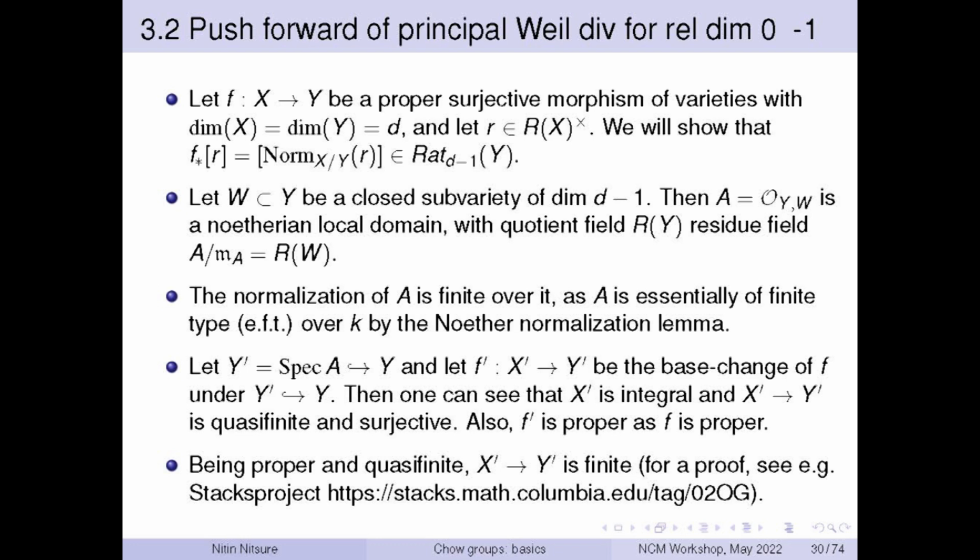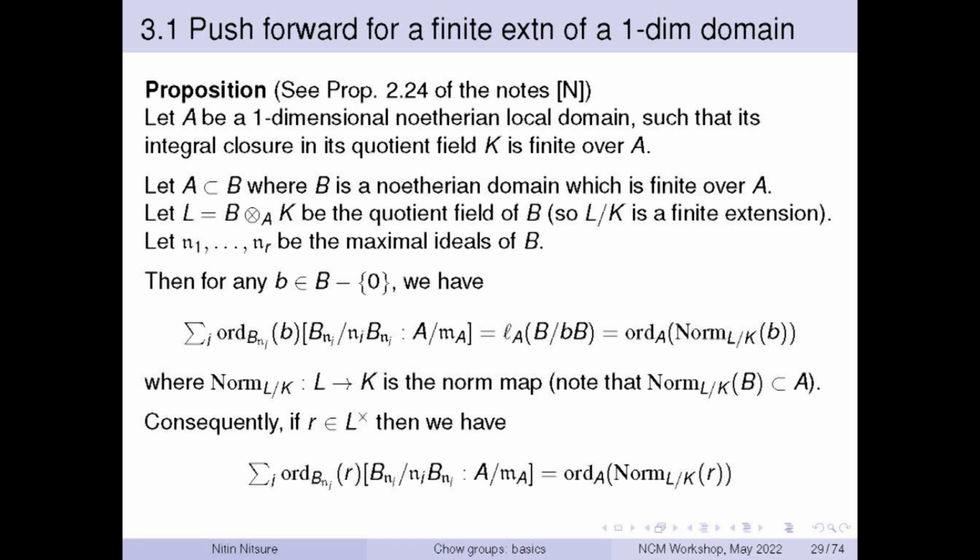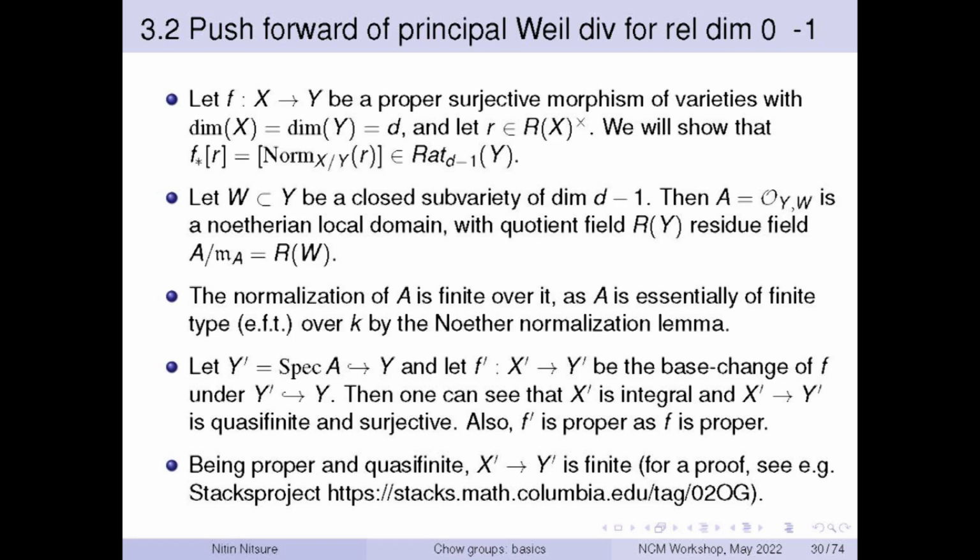Its quotient field is the function field of Y. Its residue field is the function field of W. So that is my ring A. And this is essentially of finite type, a localization of a finite type K-algebra, and so its normalization is finite over it. And so that last lemma, on the last page, is going to apply to this. And what is B? So now you take base change to this Spec A. So now we are considering a scheme which is not of finite type over K.